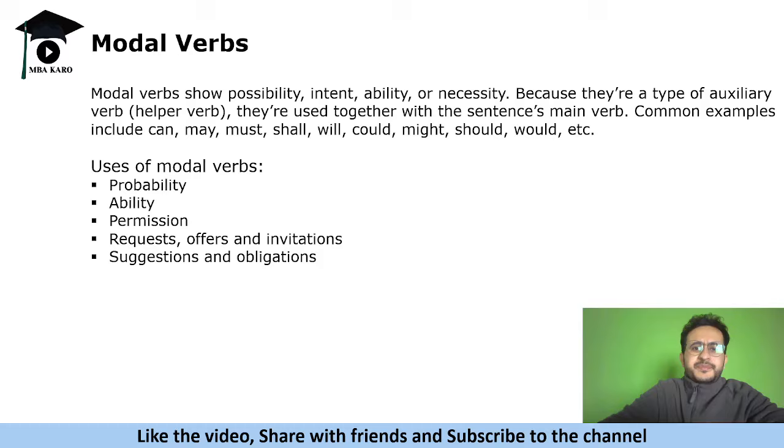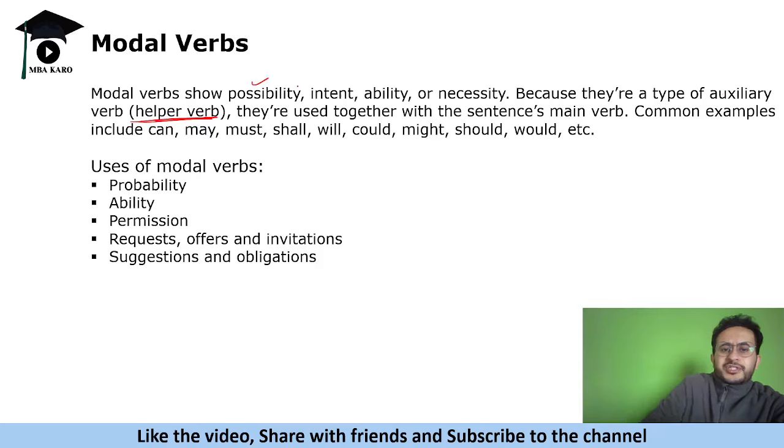So modal verbs, these are special verbs. These are helping verbs, and they show these things. These are usually helper verbs, or auxiliary verbs. So these are the terms used for additional verbs: auxiliary or helper verb. They show possibility, intent, ability, necessity.